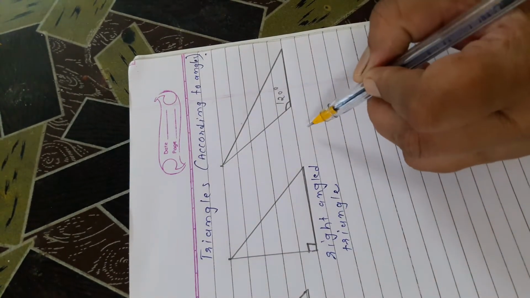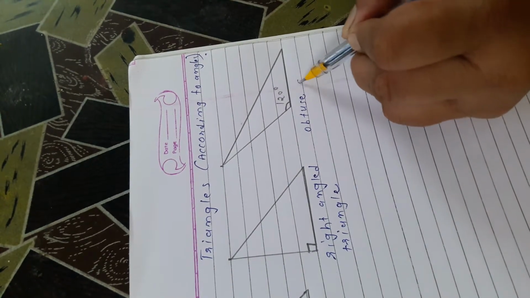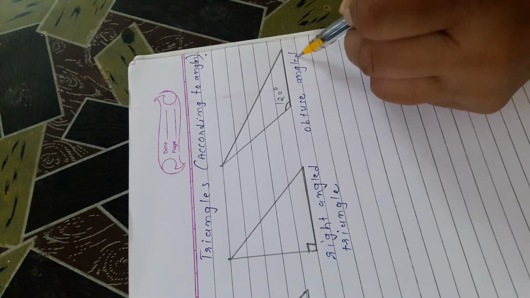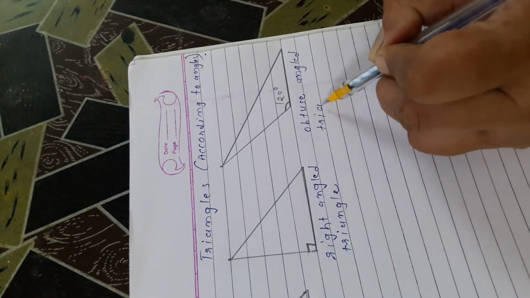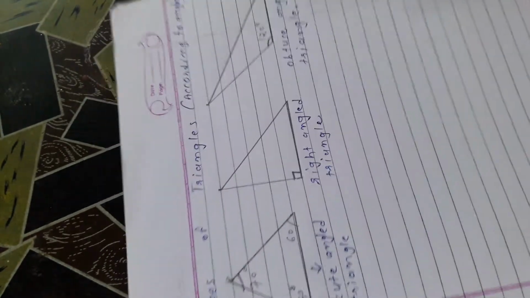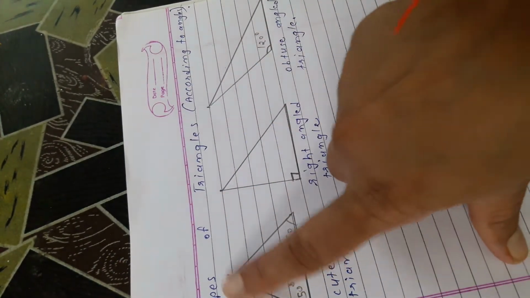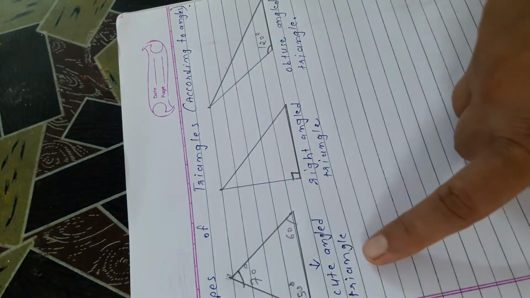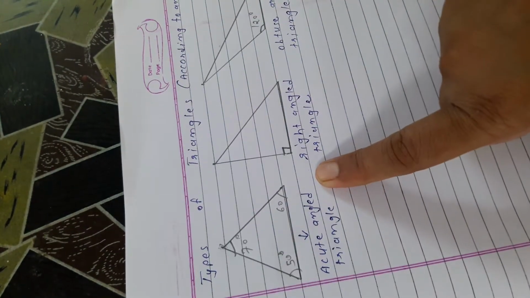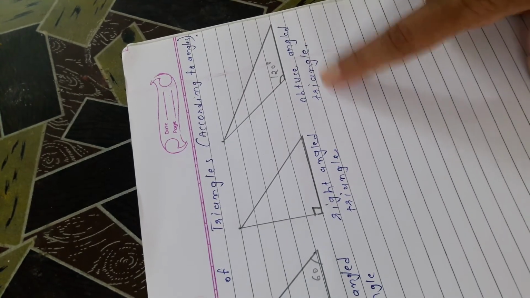This is the obtuse angled triangle. So according to angle, there are three types of triangle: acute angle triangle, right angle triangle, and obtuse angle triangle.